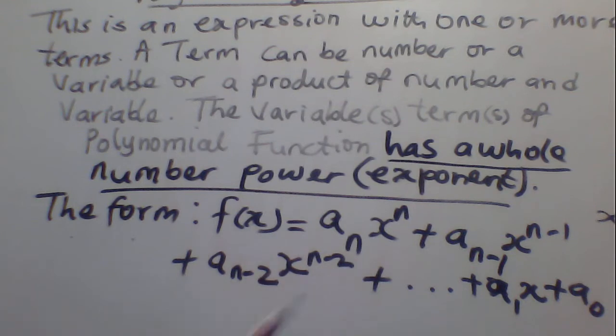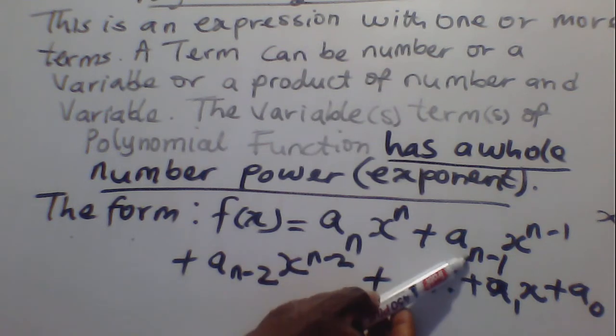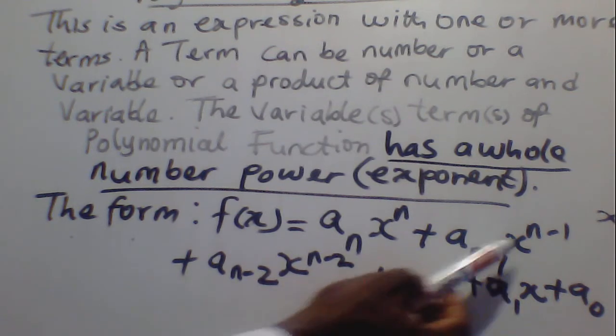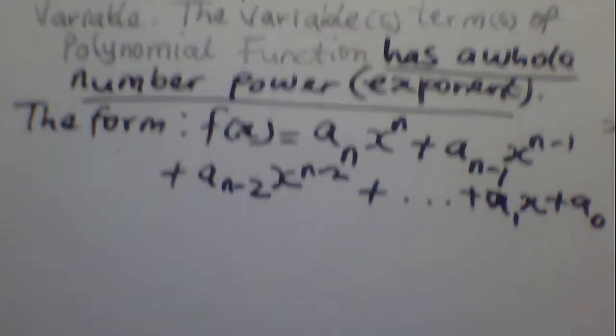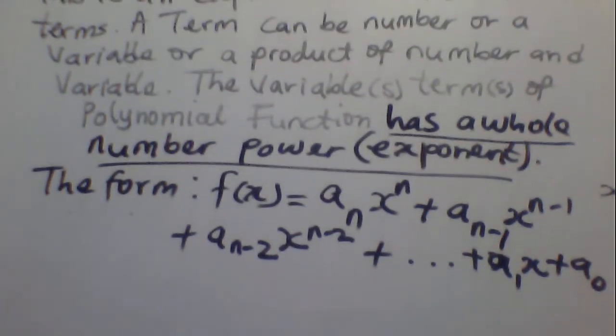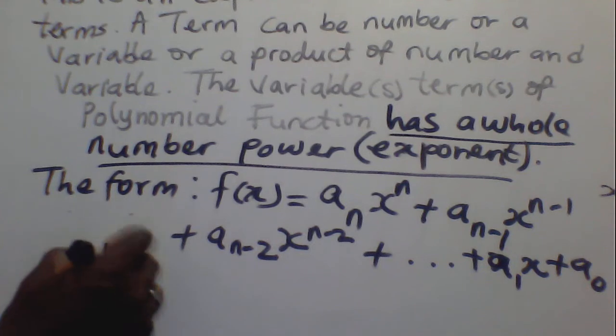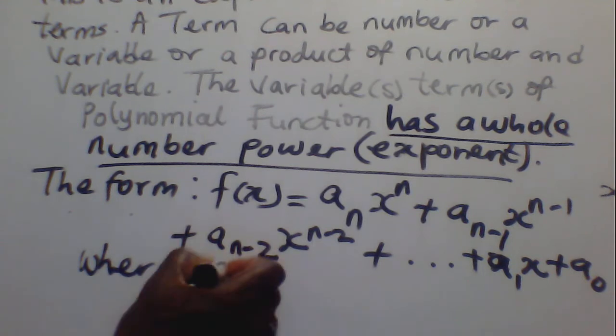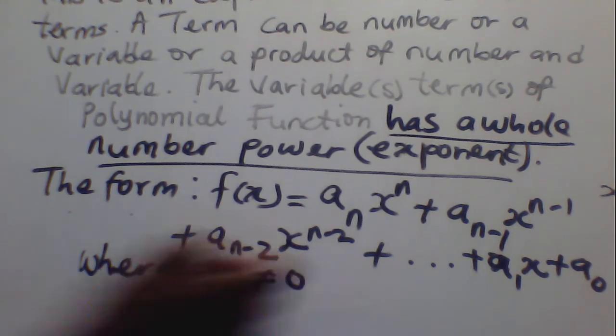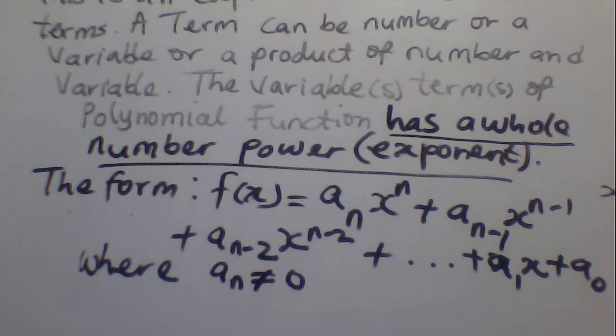Each term, as you can see, has its constant. Its constant is a_{n-1}, with x raised to the power n minus 1. This form of a function is described as a polynomial function as long as there is a condition: a_n must not be equal to 0.